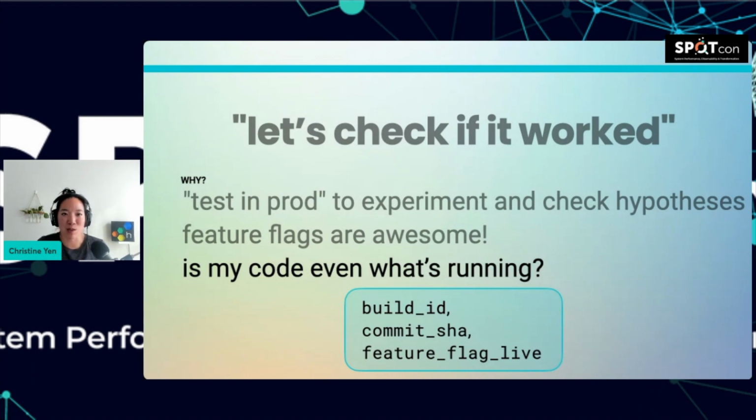Is my code even what's running? If I'm trying to check if my code works in production, are there signals that will confirm to me that the version of code that's in my IDE that I'm staring at is what users are experiencing live? Sometimes yes, sometimes no. Different build, different commit in a build, particular feature flag on or off.